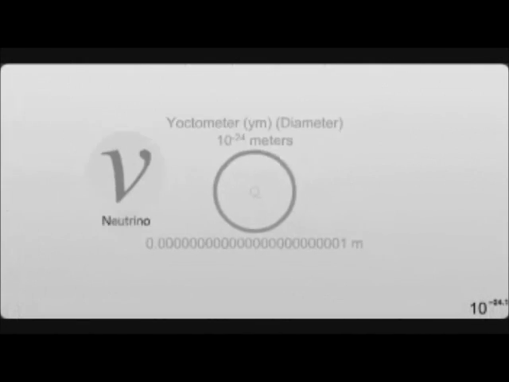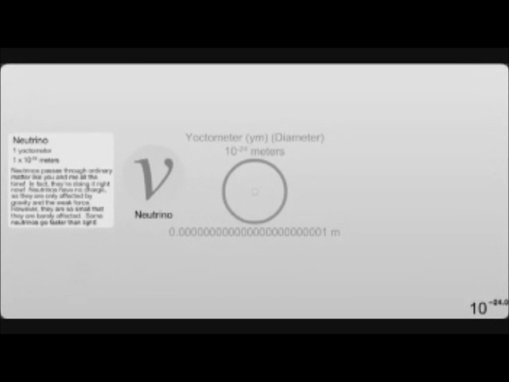Zooming out to see more of the universe, we find our first subatomic particle. In fact, it is a sub-quark particle. The neutrino. Neutrinos pass through ordinary matter like you and me all the time.